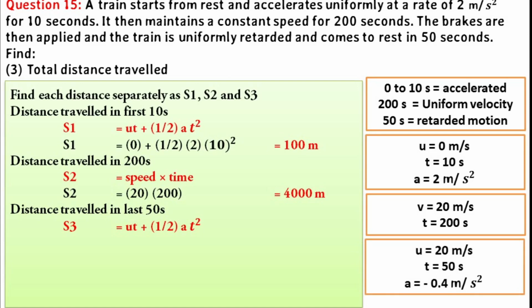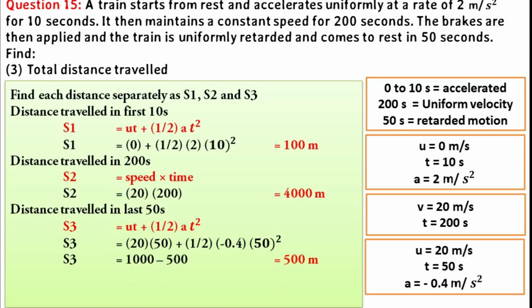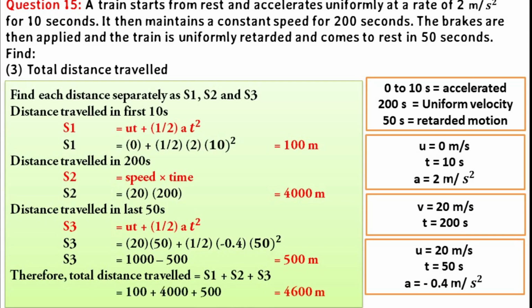Substituting the values, 20 into 50 plus 1 by 2 into minus 0.4 multiply by 50 into 50, which is equal to 1000 plus 1 by 2 into minus 0.4 into 2500, which is equal to 1000 minus 500, which is equal to 500 meter. So total distance is equal to S1 plus S2 plus S3, which is equal to 100 plus 4000 plus 500, which is equal to 4600 meter.